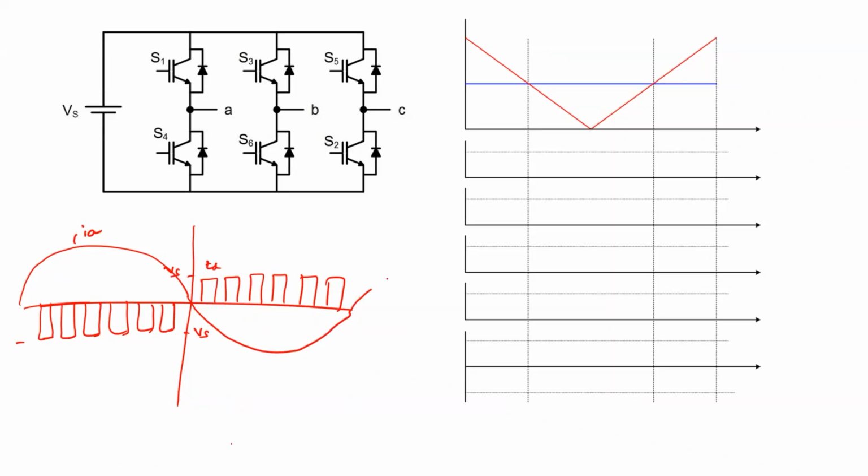If it is continuous like this, then during this period it will be on. Remember, this is voltage and this is current. It's clear?